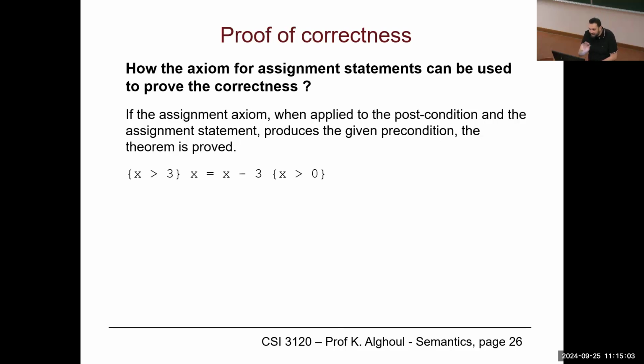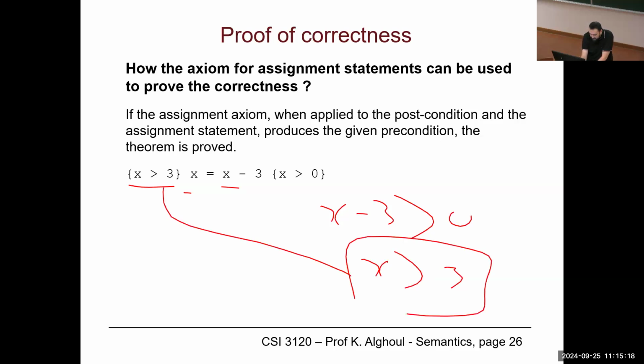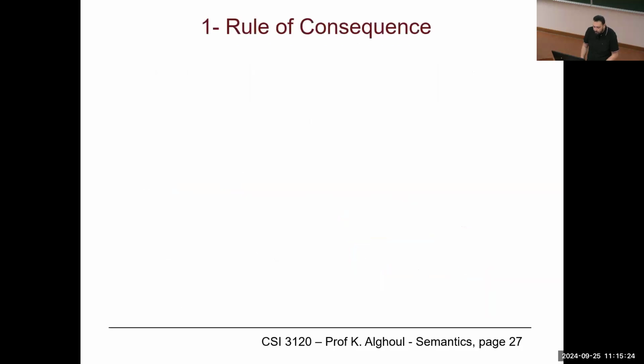You do the same exact thing, but you need to end up with x greater than 3. So if I give you them both, you're going to do the same thing. Replace x by x minus 3, so x minus 3 greater than 0. That means x is going to be greater than 3. Is this the same as this? Yes, that means this is correct. Okay, now what will happen if I change x greater than 3 to x greater than 5?